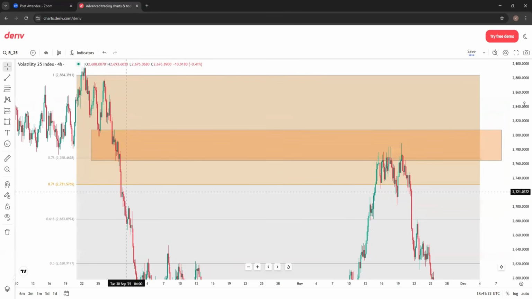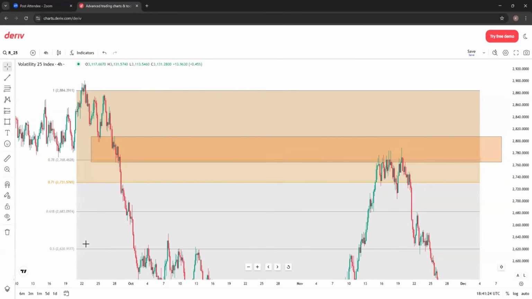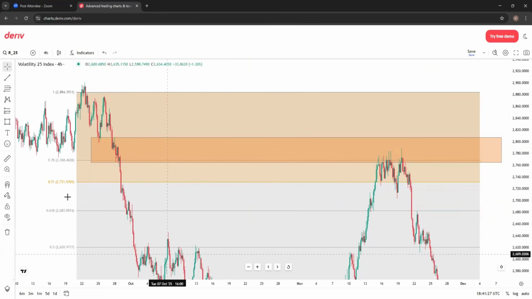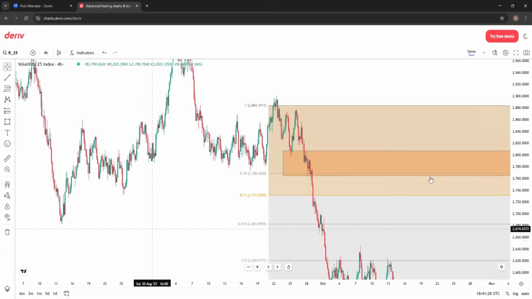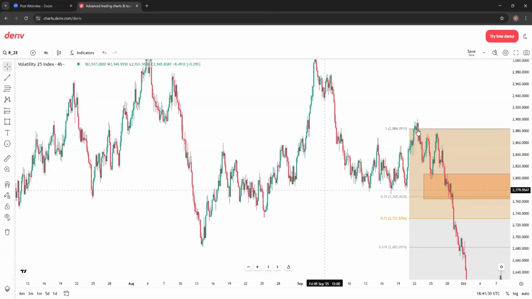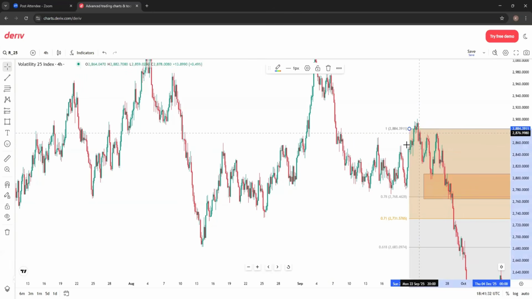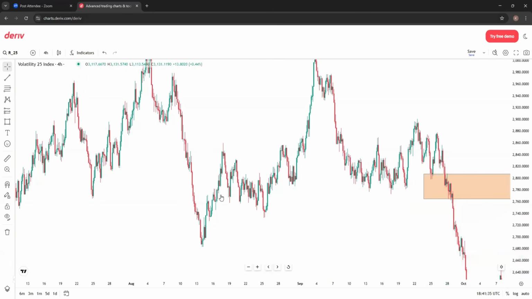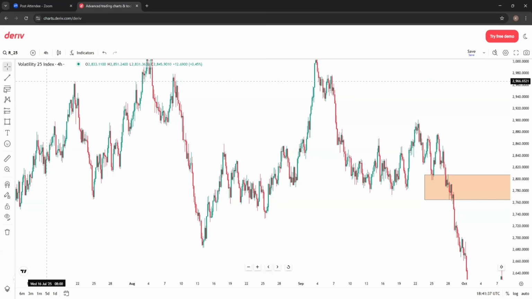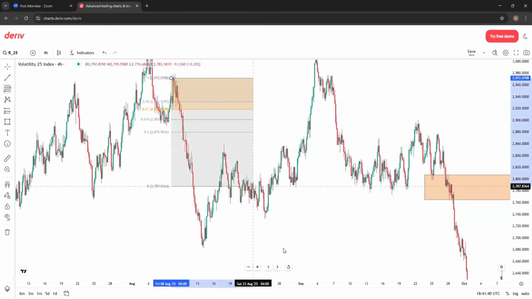Sometimes it can even play down here on the 0.50. So let's look at examples where trades came and played on the 0.50 and try to make sense of it. So we have a high here and a low here.